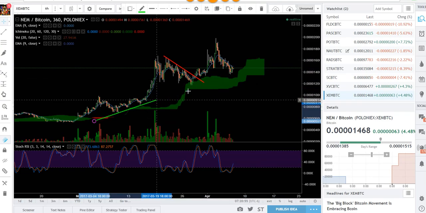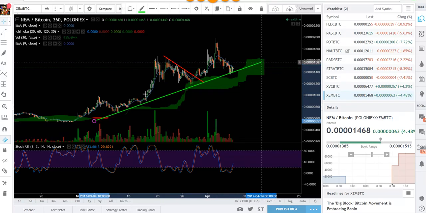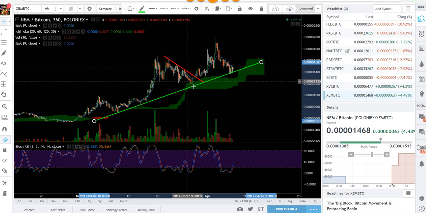1, 2, 3. Once you have 2 points, you have a trend, so you can literally draw this line into the future based on these points. So we see the price falling, and it looks like it may very well run into the 6 hour cloud and the rising trend support here.